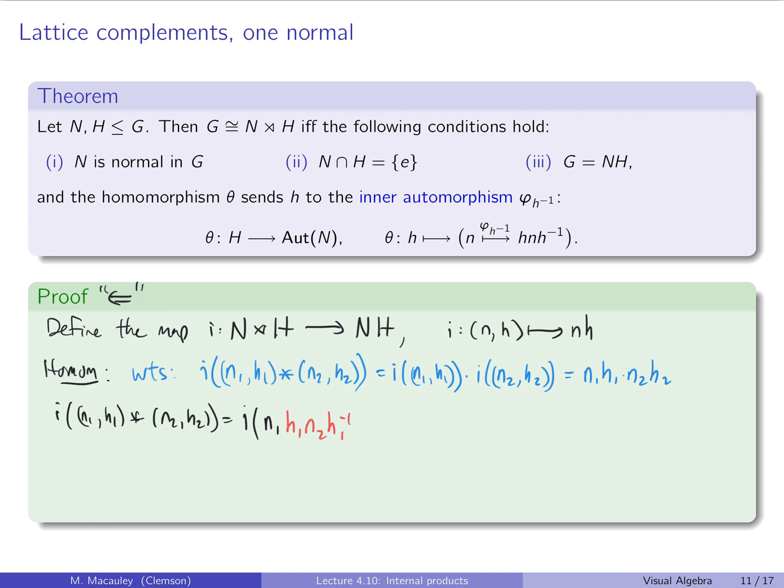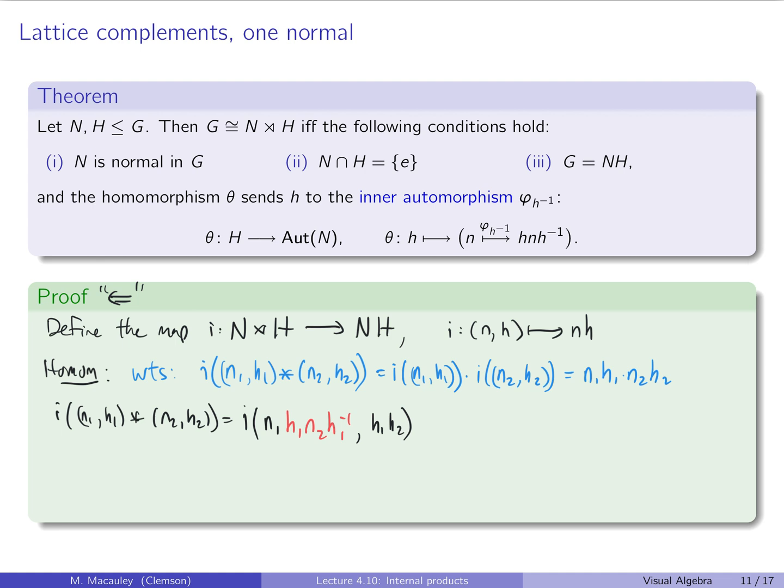Again, we're going the backward direction, so I'm assuming that this is the automorphism. So we apply this automorphism to the N2. And then the second coordinate, nothing changes. So for the second coordinate, we have H1, H2.